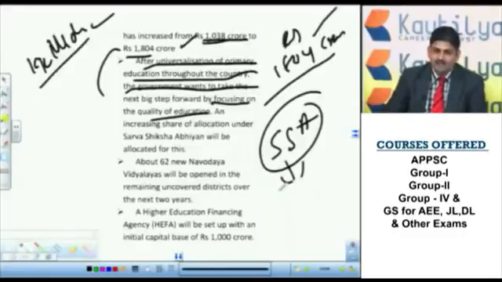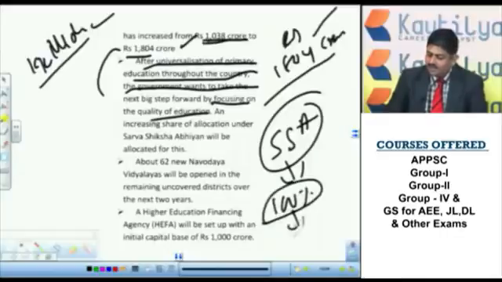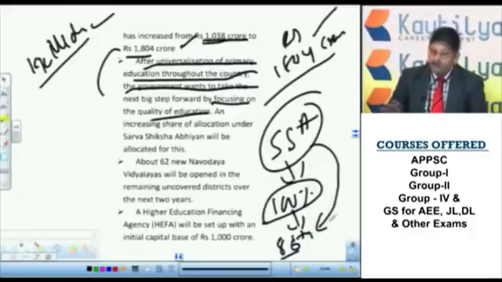What is its main aim? Making primary education a fundamental right under article, the 86th amendment. So the relevant amendment for this scheme is the 86th amendment. It is very important. So what has the 86th amendment done? It has made basic education a fundamental right.